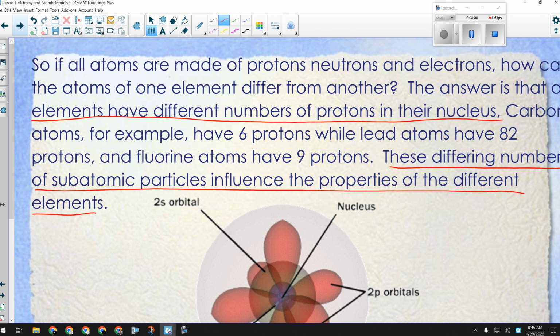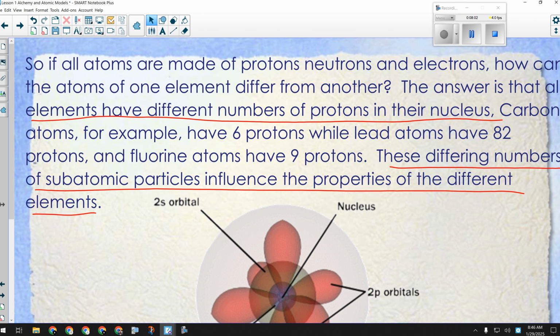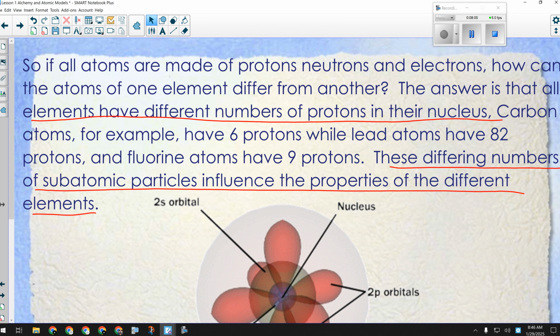So make sure you have that stuff that's underlined there, highlighted or underlined or written out in your notes. That is why we have so many different elements. Every element has a different number of protons.